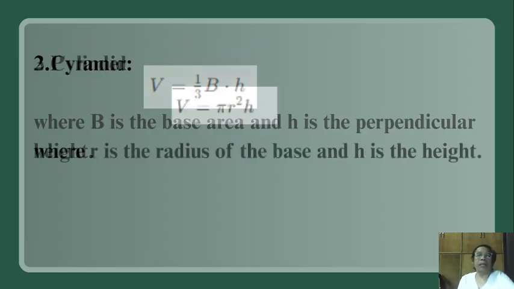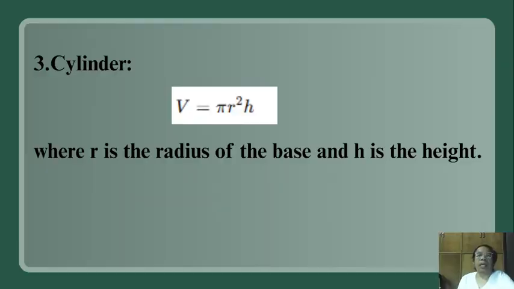Okay, so number 3, the volume of the cylinder: V equals pi r squared times height. That also came from the formula area of the base times height. Our cylinder has a base of a circle and the area of that base is pi r squared.